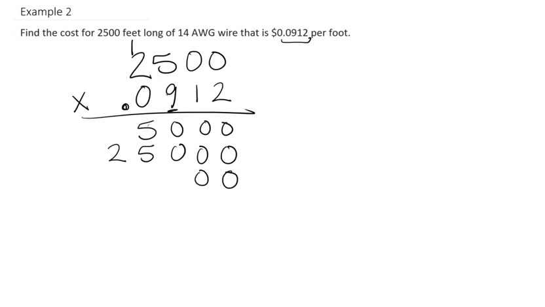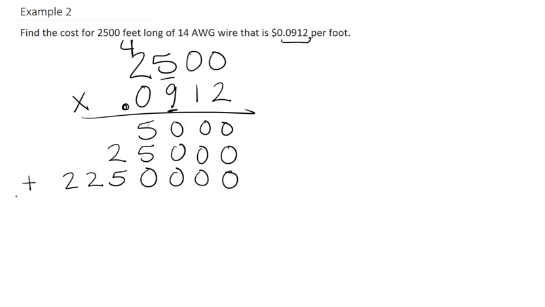Then we can go on to the 9. 9 times 0 is 0. 9 times 0 is 0. 9 times 5 is 45, so you place the 5 below, carry the 4. 9 times 2 is 18, plus 4 is 22. Then we could do the 0, but this will just be 0 with everything, so it's just a line of zeros.